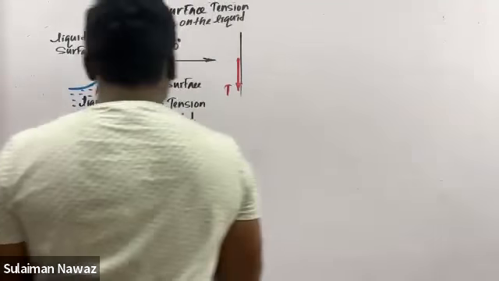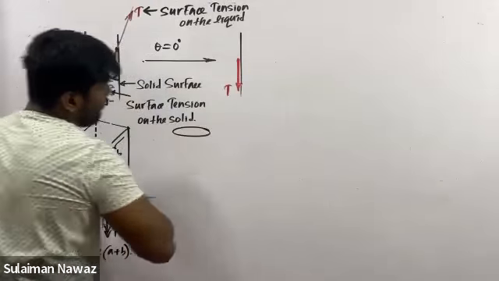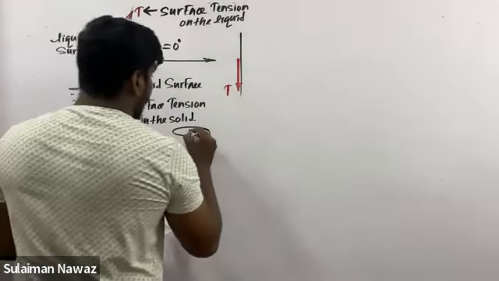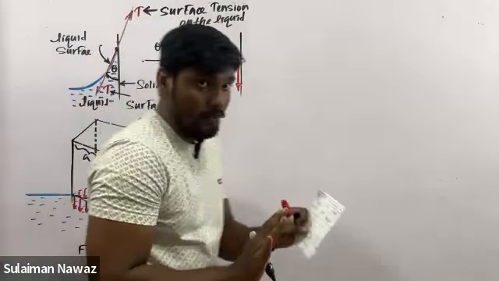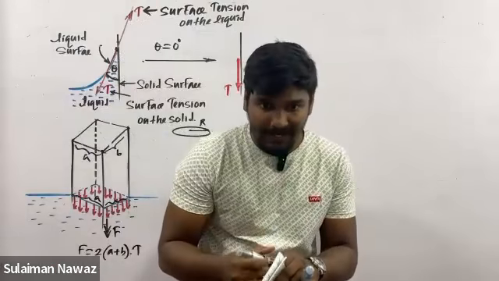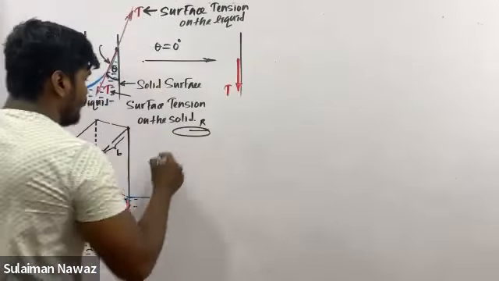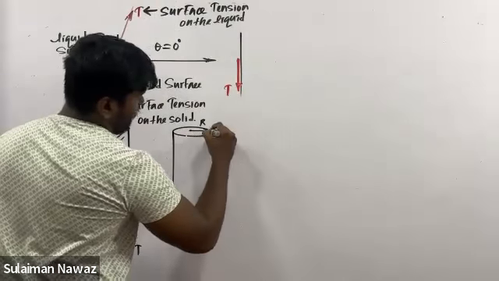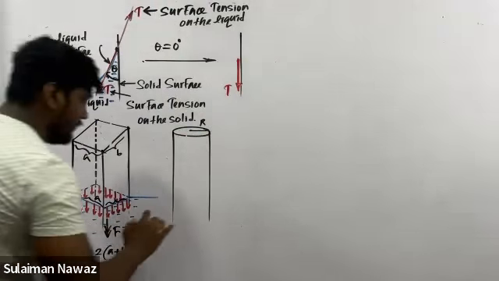Suppose there is a solid cylinder of radius capital R, and you dip it into that liquid. If the angle of contact of the liquid is 0, what is the resultant surface tension force acting on the solid cylinder?